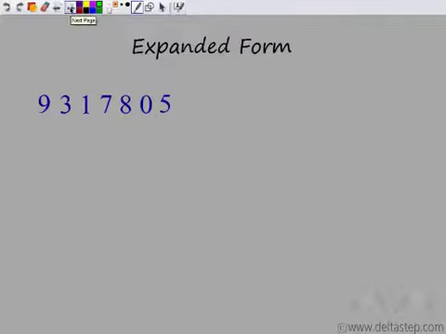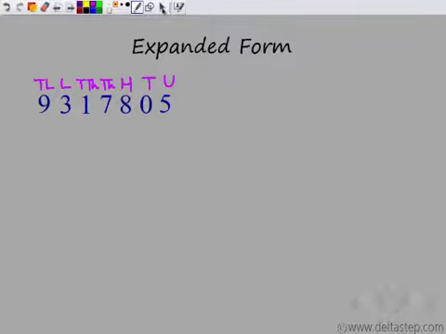Now let us look at this number and try to see if we can write it in expanded form. Again, what you need to do is first start from the rightmost side and write units, tens, hundreds, thousands, 10,000s, lakhs, and 10 lakhs. So these are all the places.